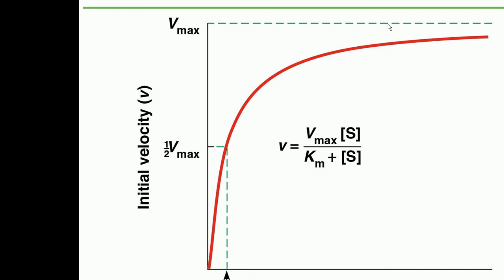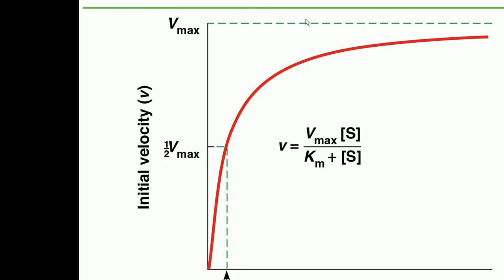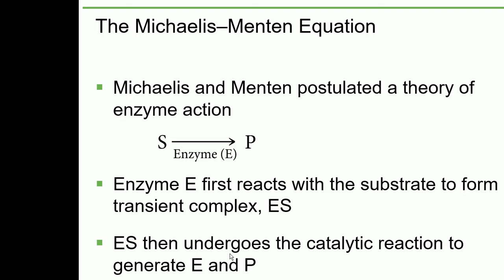As the substrate concentration increases, V approaches an upper limiting value, the maximum velocity. So at this point, if you want to increase the rate of reaction, you need to add more enzyme. The value of Vmax can be increased by adding more enzyme.